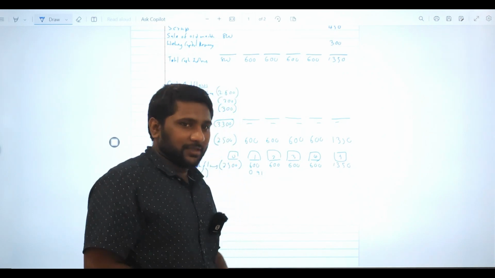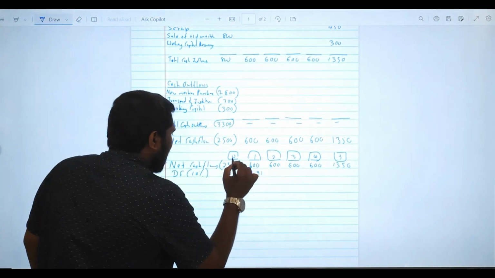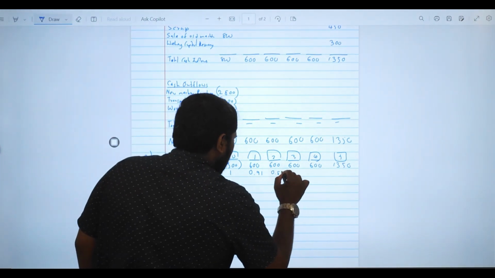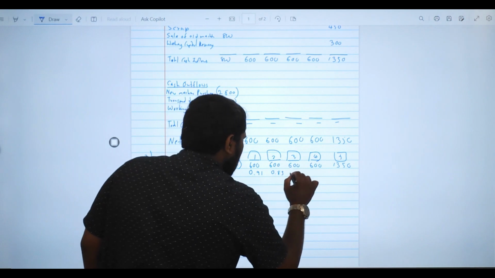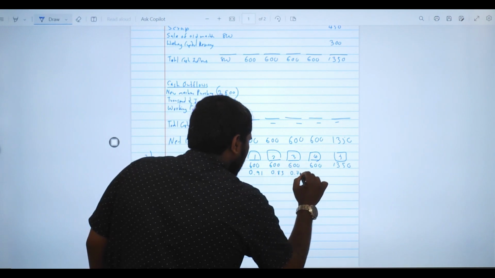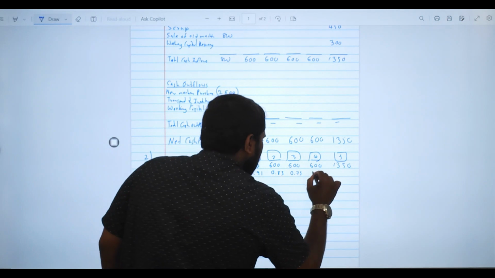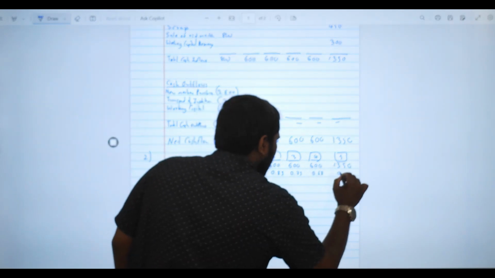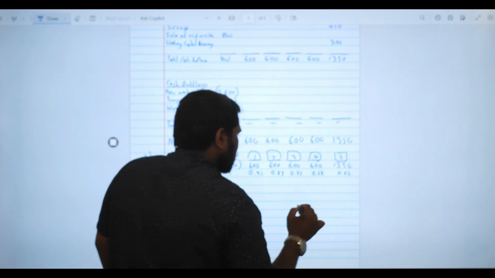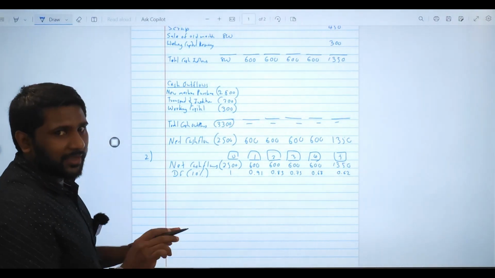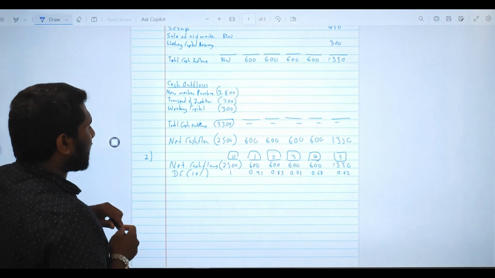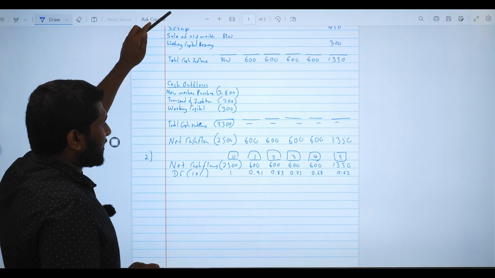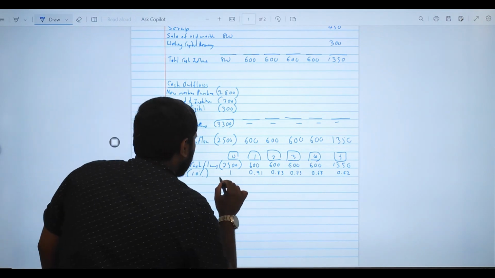So here the discounting factors are 1, 0.91, 0.83, 0.75, 0.68, 0.62. Let's confirm the numbers. Yes, my numbers are correct.